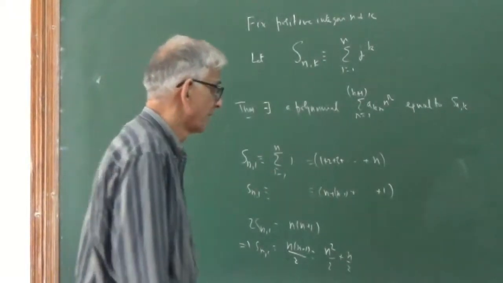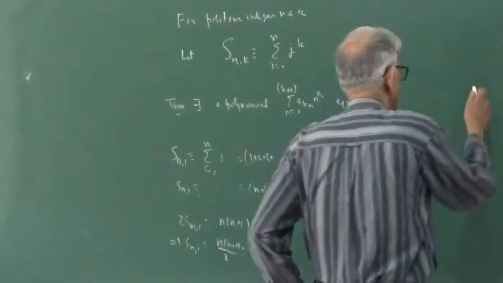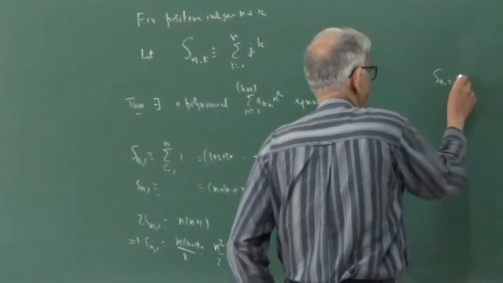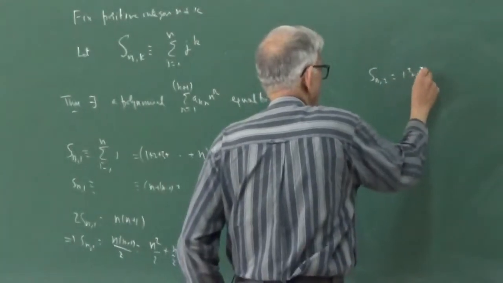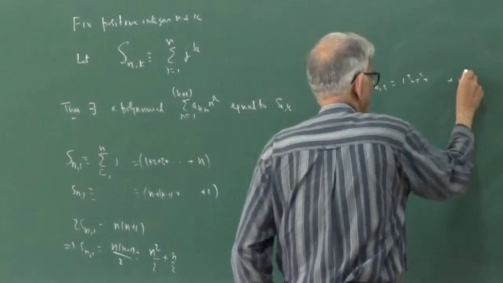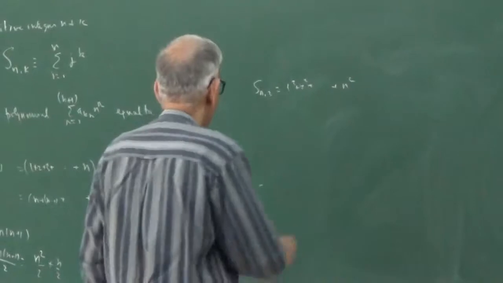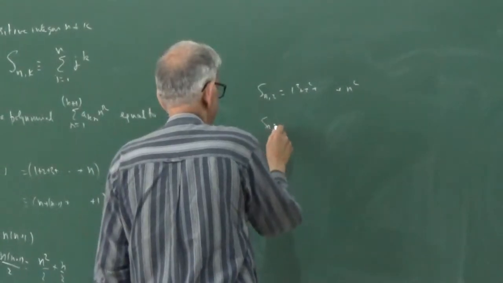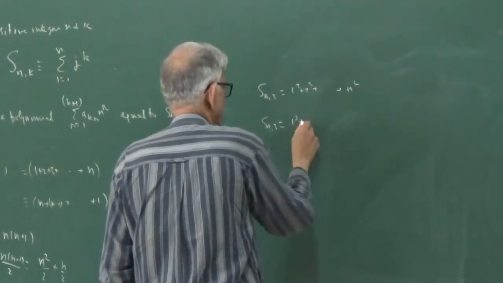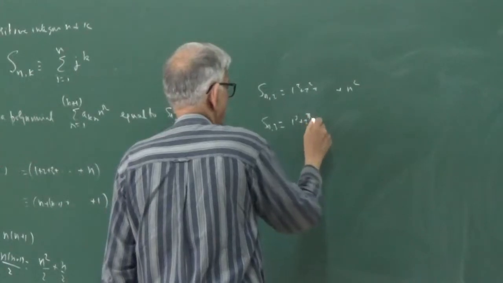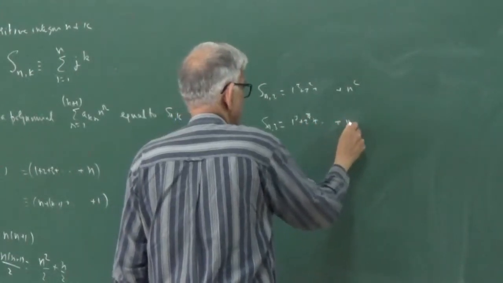This is one formula. And then, if you look at S_n^2, which is 1 squared plus 2 squared, all the way up to n squared, and then S_n^3 equal to 1 cubed plus 2 cubed, all the way up to n cubed.